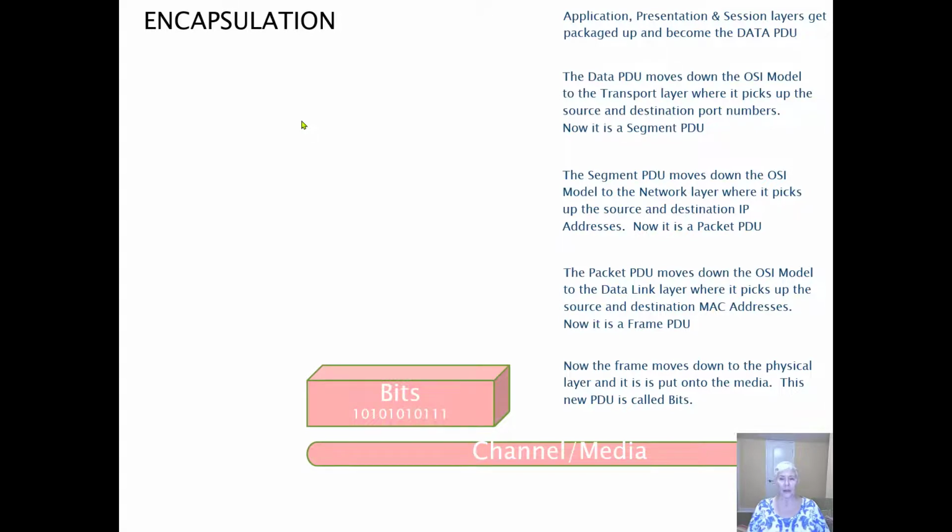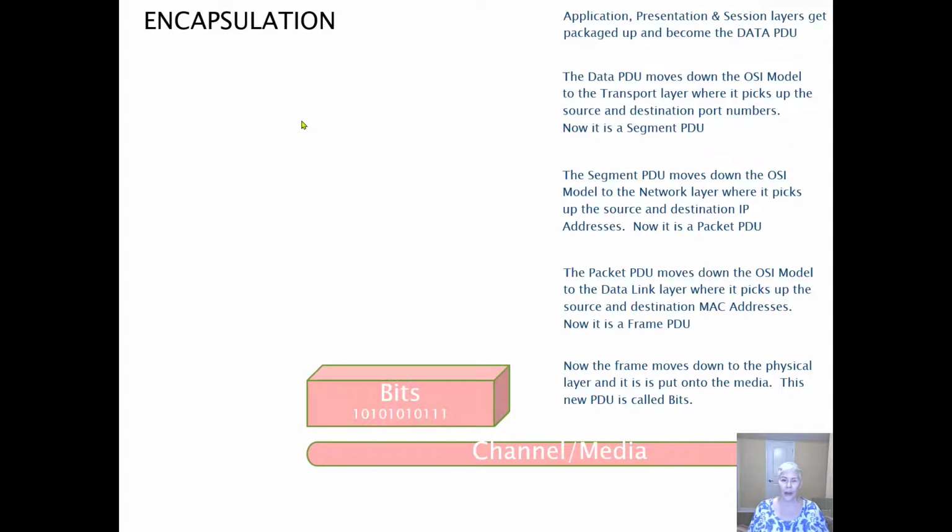Now these bits are ready to be moved across the channel, and then on the other side, it's going to do the reverse of this. Before it can move across the channel, though, a process called encoding has to happen. Now, encoding is when the channel takes the bits, the ones and the zeros, and transforms them into a format that can be carried over the media.